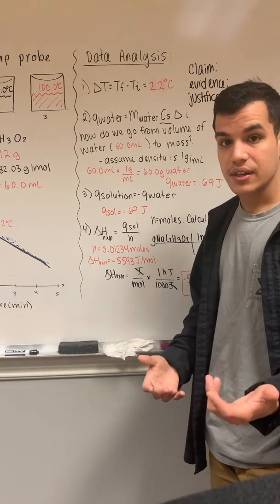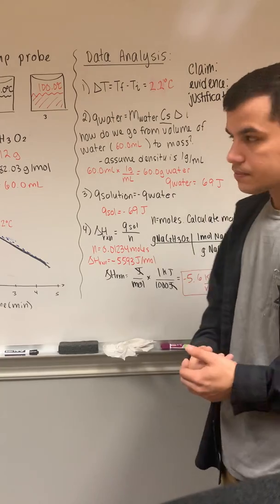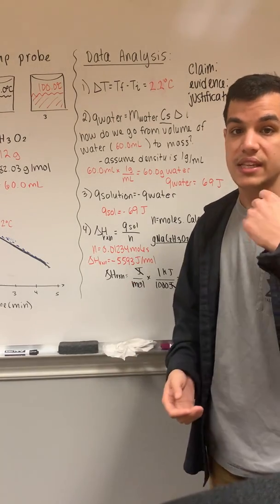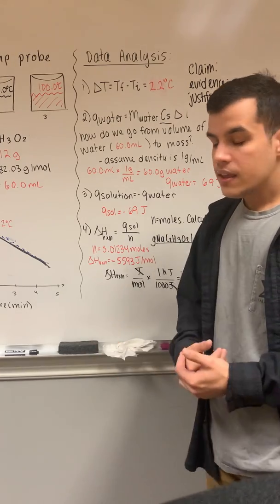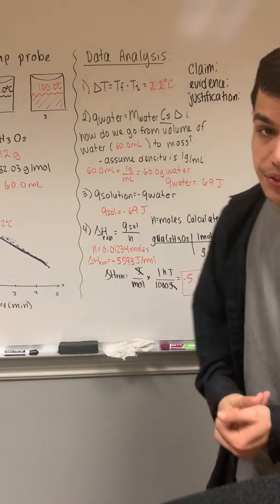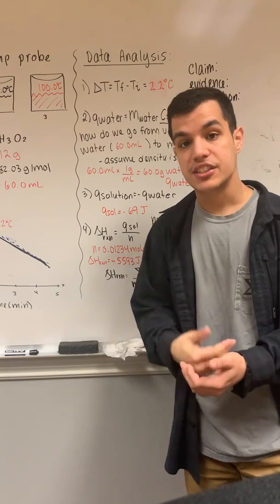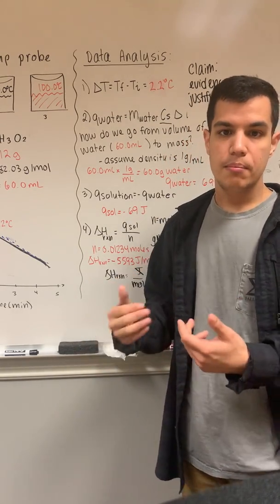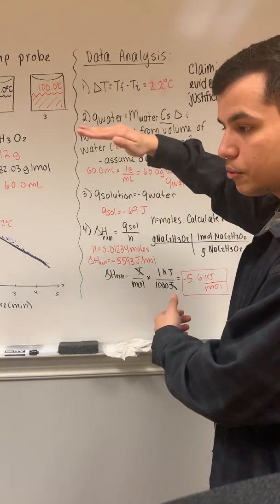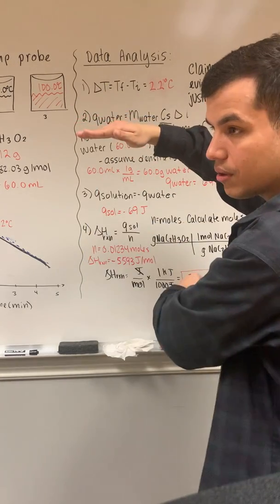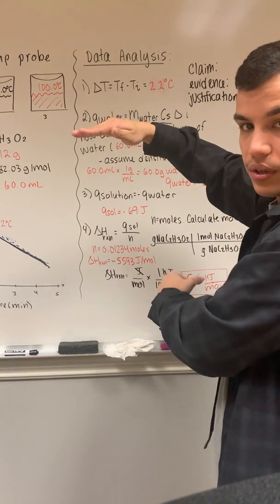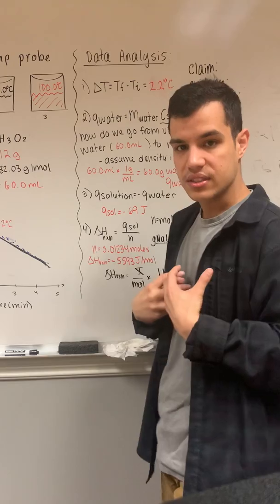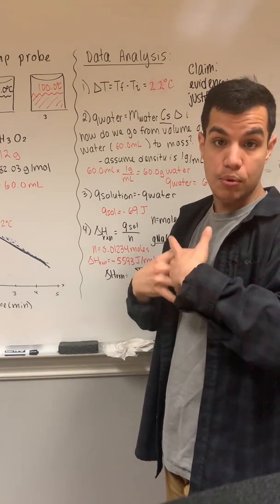That's an observation that you can talk about, and say that your enthalpy was negative. If it's negative, that means it's exothermic and it's releasing heat. If it was to be endothermic, then that means that my delta H is positive, and my change in temperature would be negative, meaning that it started at room temperature, but then the temperature got down, meaning that it got colder, meaning that it took energy, took heat from the environment to the system, and that would be endothermic.